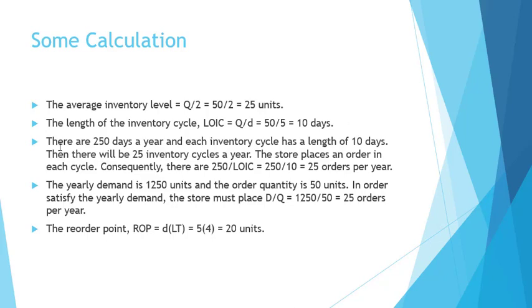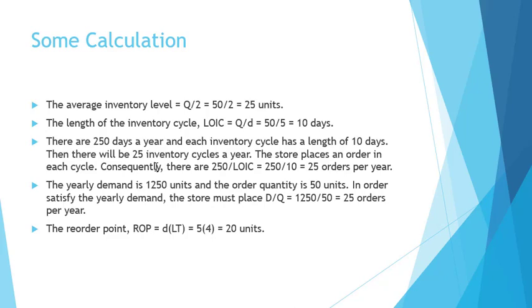Now, there are 250 days in 1 year, and each inventory cycle has a length of 10 days. Consequently, there will be 25 inventory cycles a year. 250 divided by 10. The store places an order in each cycle.